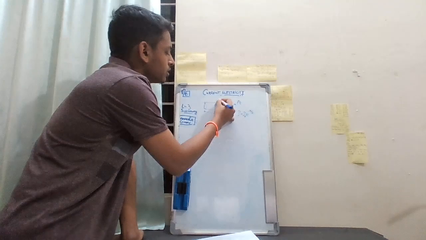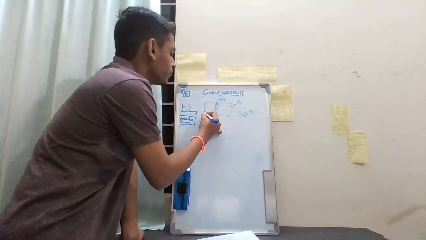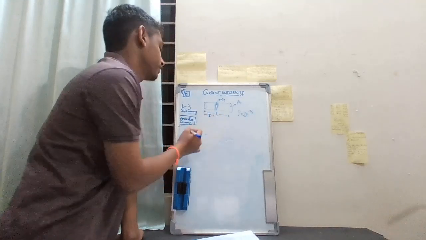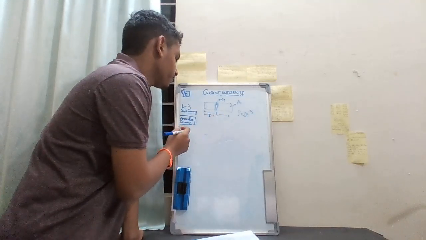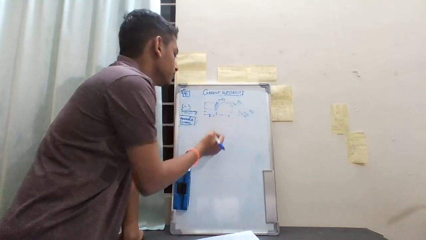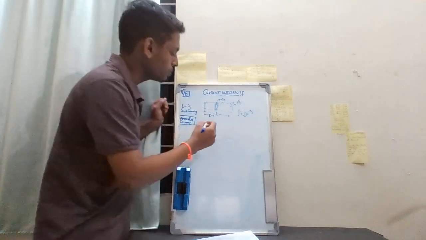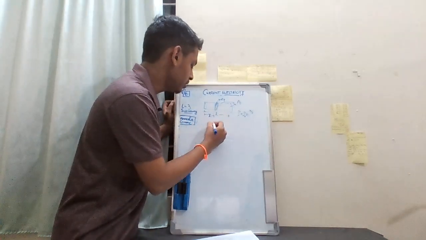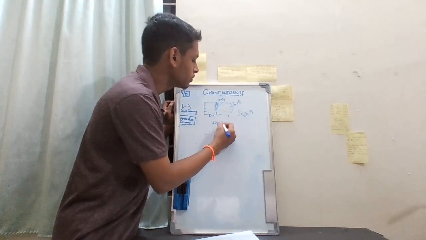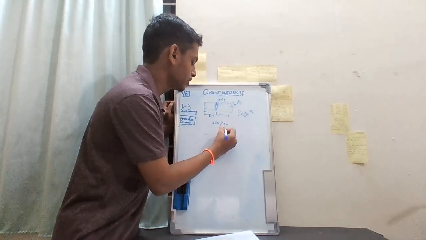Here its thickness is dx, and from here to here its length is x, and it's still having area A. Now, for such a small segment, dr equals rho, which we'll substitute later, dx by A.